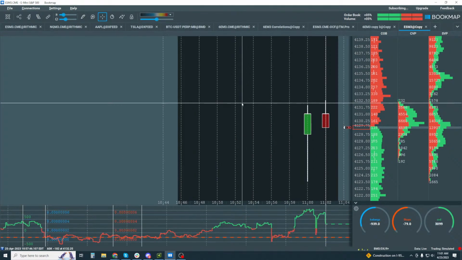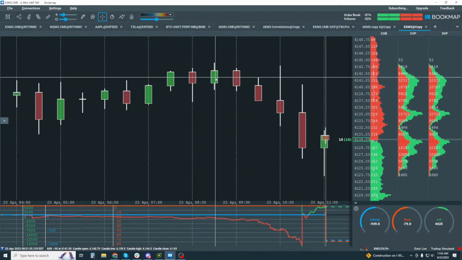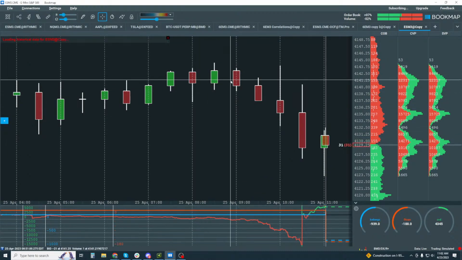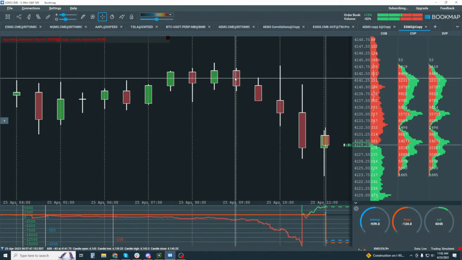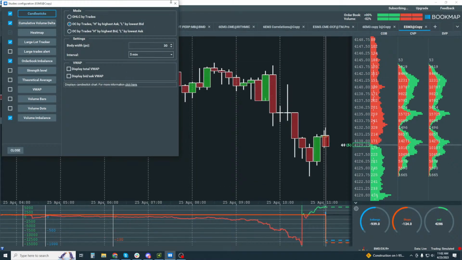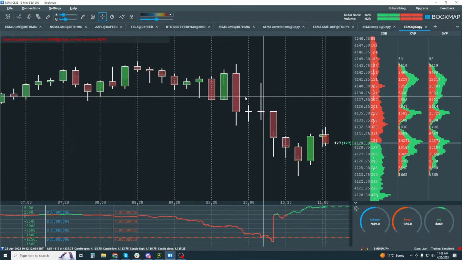Candlestick chart. I believe this is a 30-minute candlestick. Let's go with a 5-minute here. So here we have a 5-minute candlestick chart.